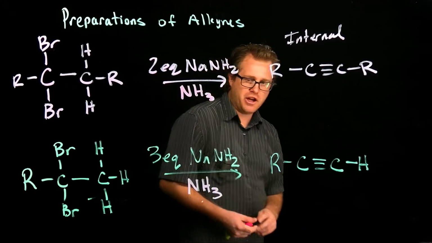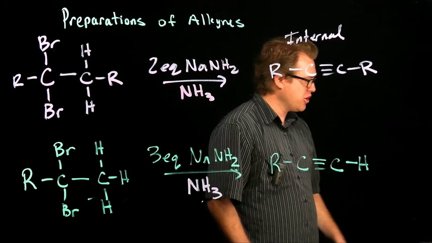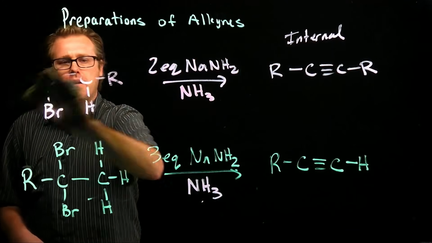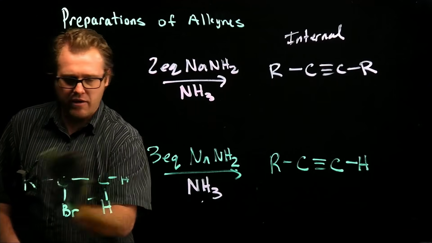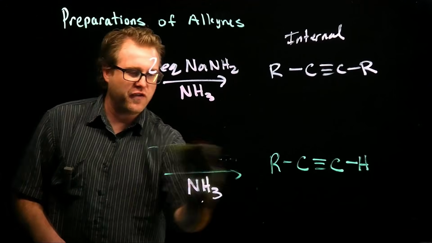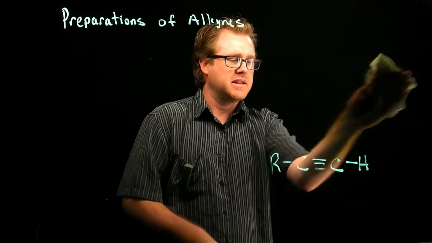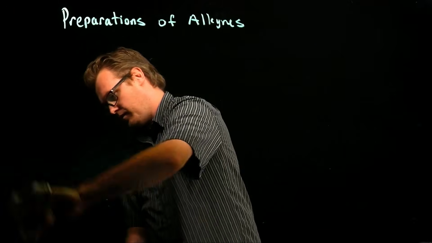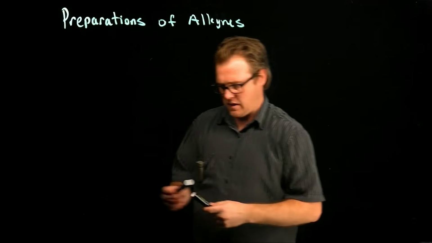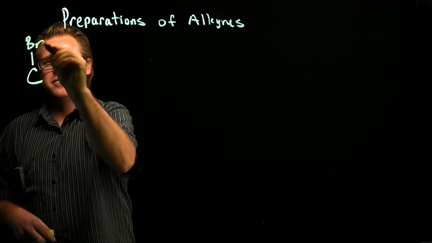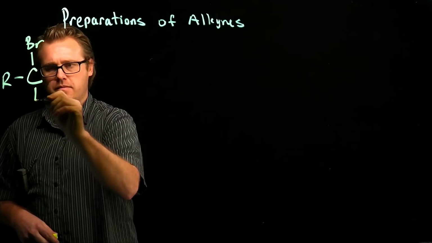Now, why do you need 3 equivalents when you have a terminal alkyne? Well, this is really cool because of what happens after you do the first elimination. All right, so let's look at this mechanistically here.